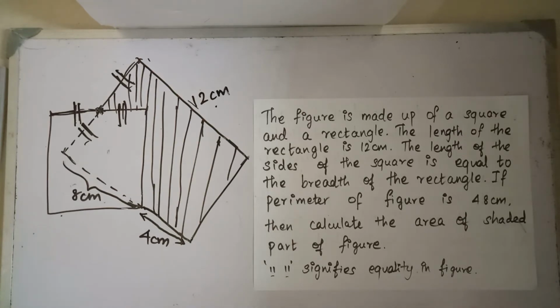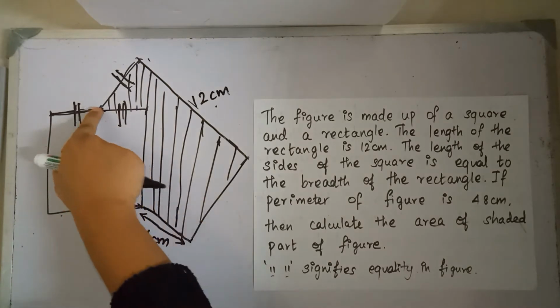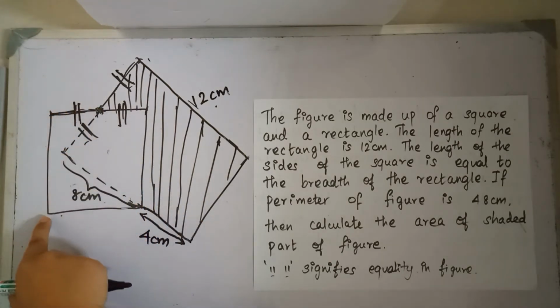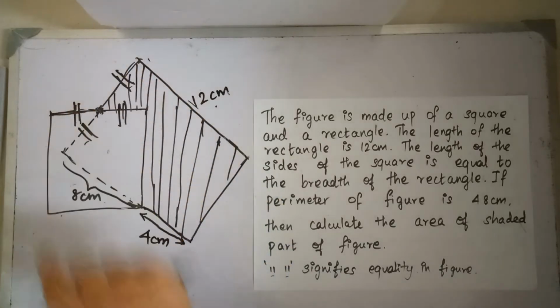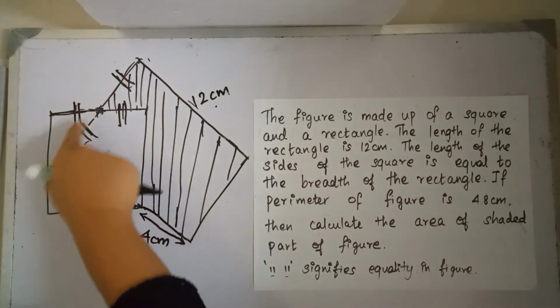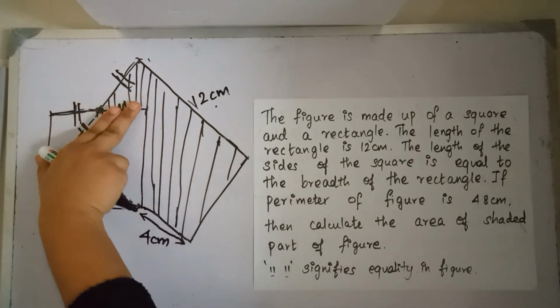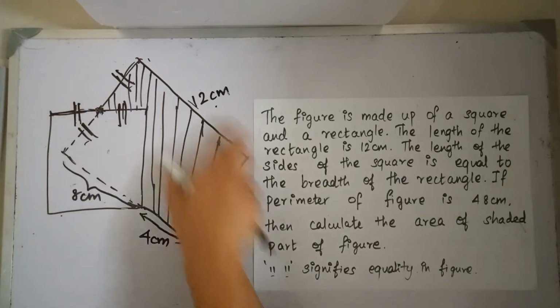Okay, so they say that the perimeter of the figure is 48 cm. Then the perimeter includes this portion, this portion, this portion, this and this. It does not include these 2 portions. Other than that, it includes every side.